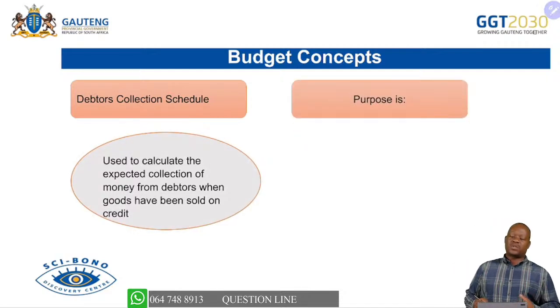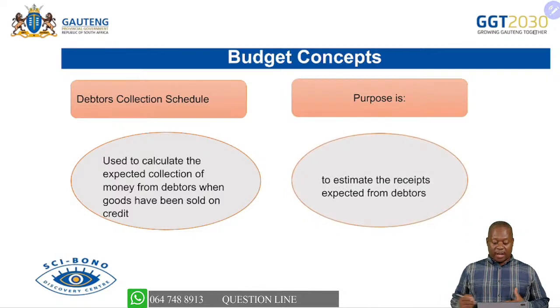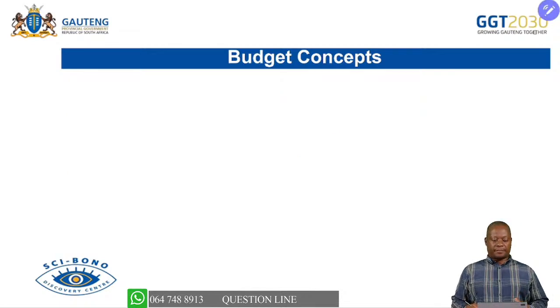So the purpose of the debtors collection schedule is to estimate the receipts that are expected from our debtors. Because if we miss that part, to say how much are we expecting to get from our debtors, then we might not be able to budget our cash correctly.